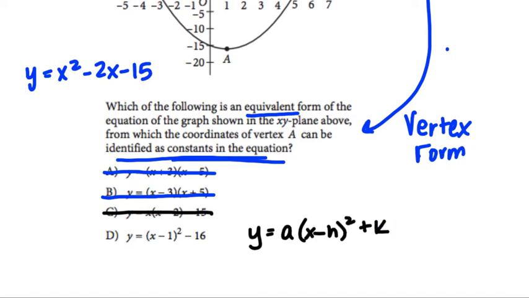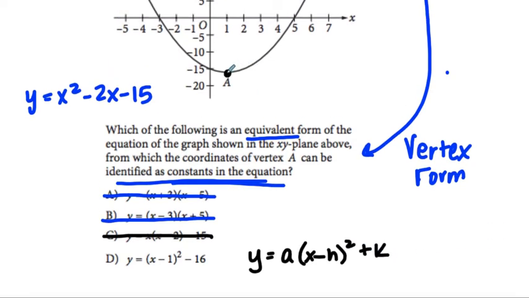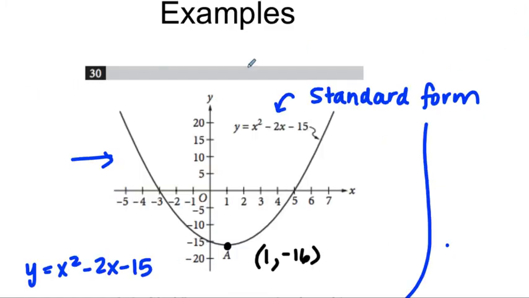Well, it is, and is that the vertex? So look, my vertex is right here, a little bit below 15, so my vertex is (1, negative 16). So my vertex as constants in the equation is (1, negative 16), so my answer would be D. Not so hard, but it's actually question number 30, so it's considered a harder question.